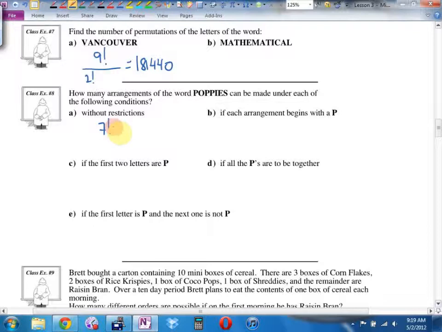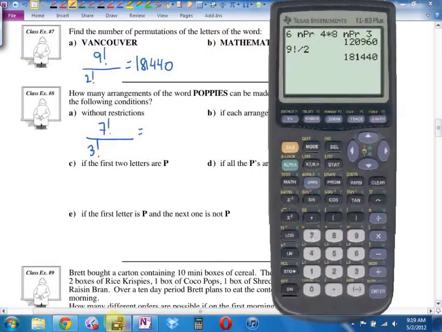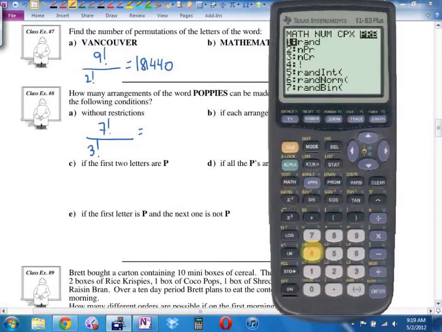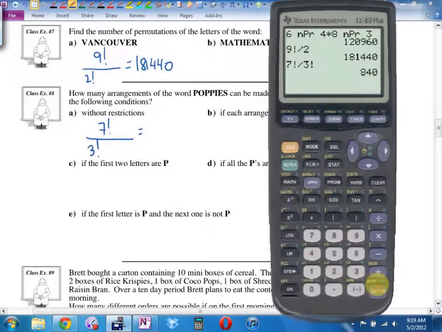Are we with it now? Okay. This is going to be 7 factorial over 3 factorial. That's it. Uh, 840? Yeah.